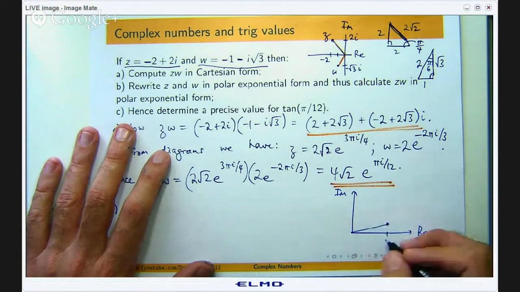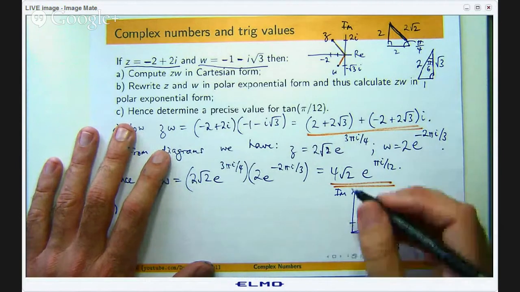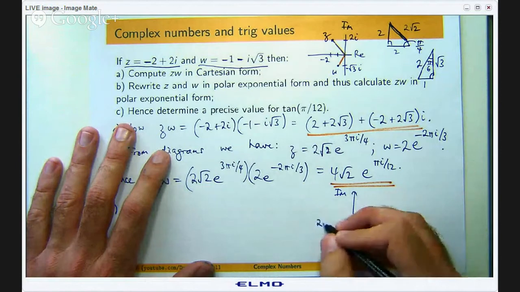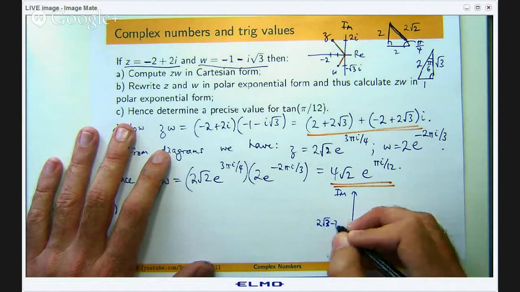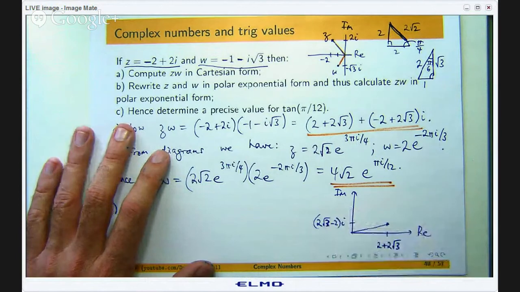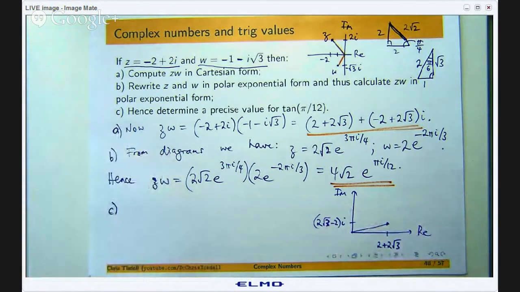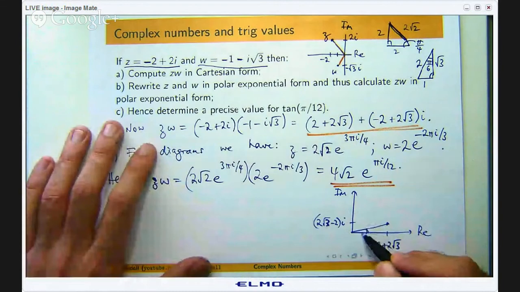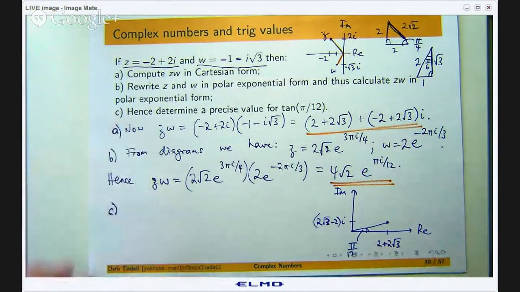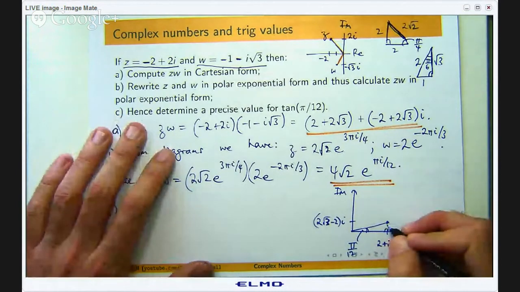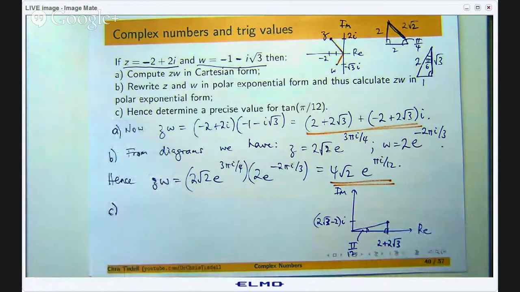Okay, so that is 2 plus 2 root 3. And this is basically 2 root 3 minus 2, all times i. And so you get a little right angle triangle here, where this angle here is pi on 12.